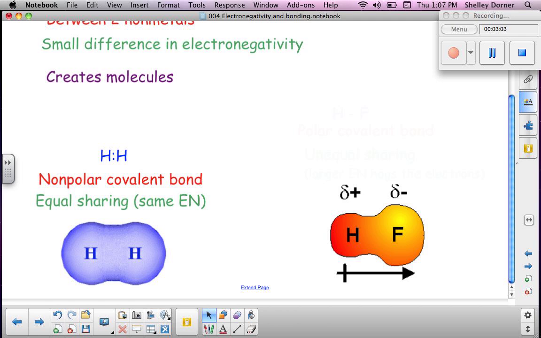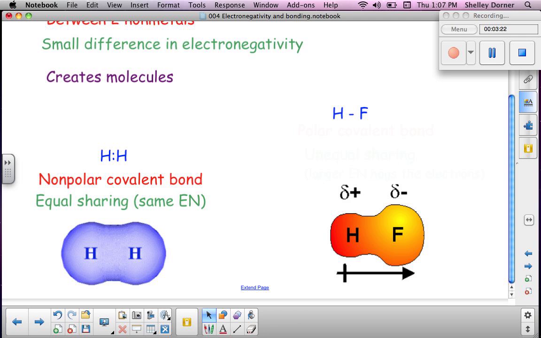Notice that the electron cloud is equally shared between the two hydrogen atoms, with neither hydrogen atom having a larger electron cloud than the other. This type of bonding will occur anytime you have one element bonded to another atom of its own kind.